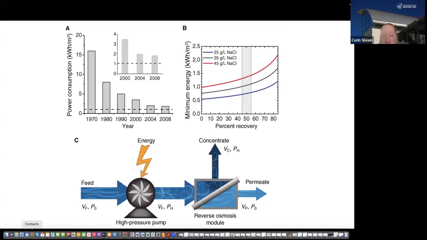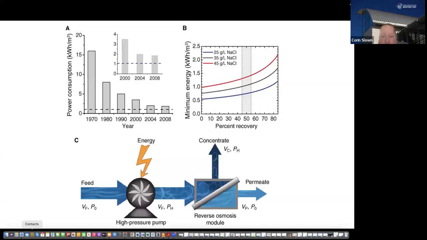So if we think about it just in terms of energy, here's an example of the power consumption. Early desalination plants consumed huge amounts of energy. Since then, they have been optimized, but they still require a significant amount of energy.